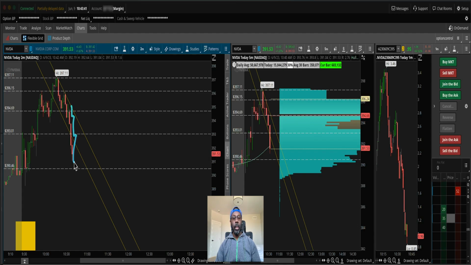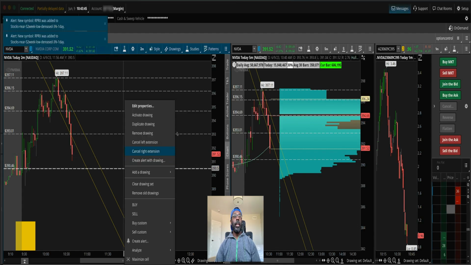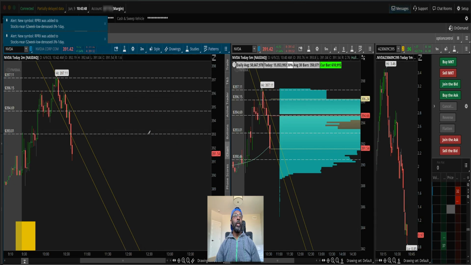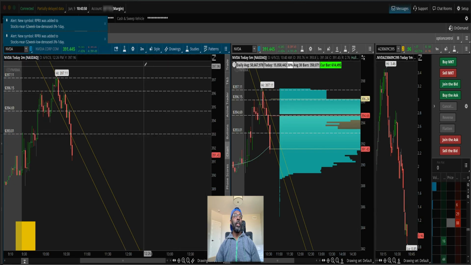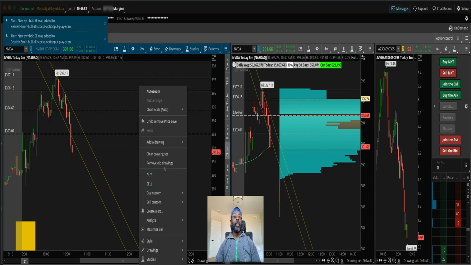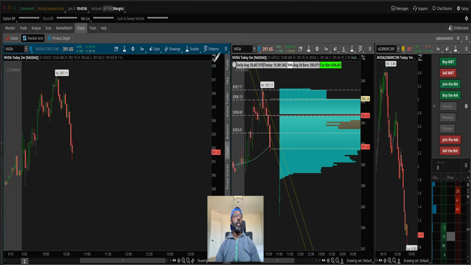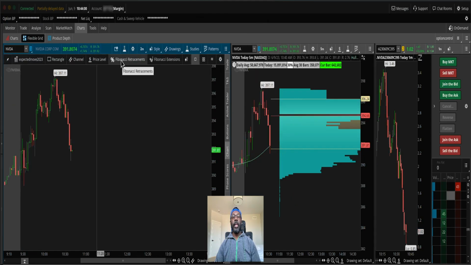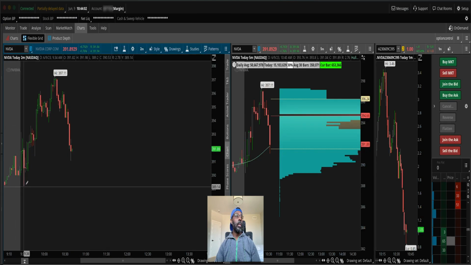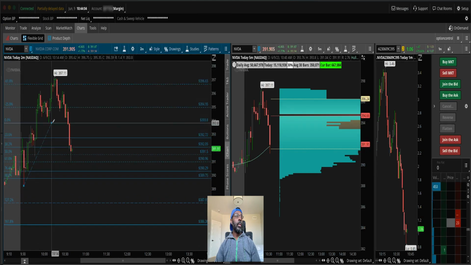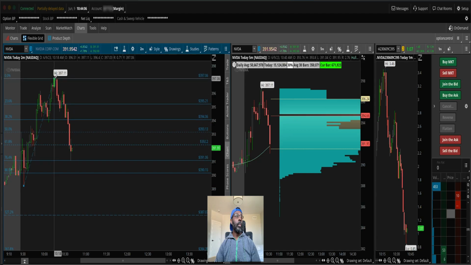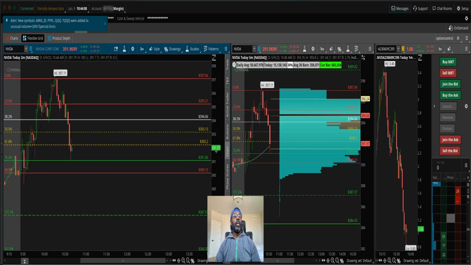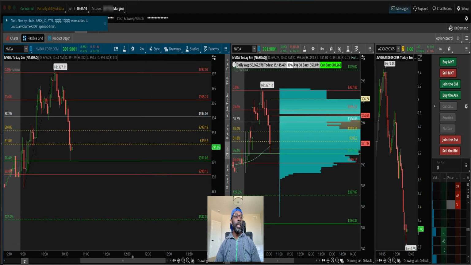Look at this thing. Let me remove all the drawings here. And let me even show you, because I use everything that you see here. So look, here's Fibonacci retracements.